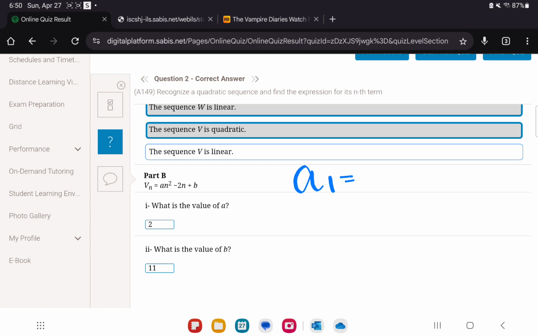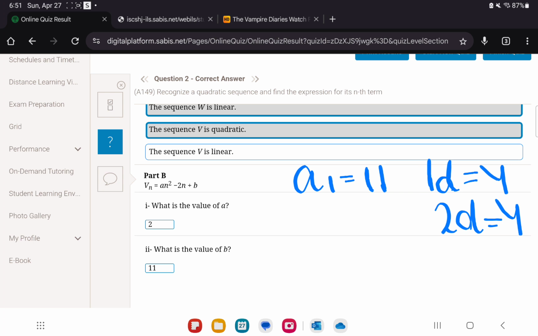A1 was 11, and then the first common difference, so I'm going to write 1D, was 4, and the second common difference was also 4, okay? So now we know the rules for finding A, B, and C: 3A equals the second difference, and then 2A.